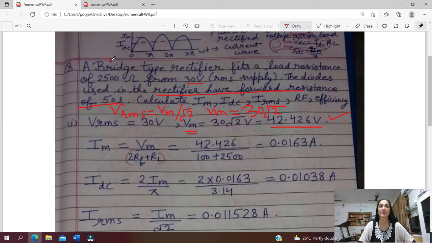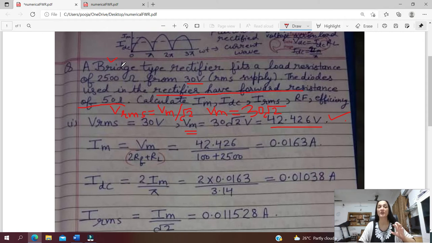Now in a bridge type rectifier, both the diodes conduct in both the positive and negative half cycles of the input voltage. So the total resistance, they will behave as in series, as if they are present in series with the load resistance.